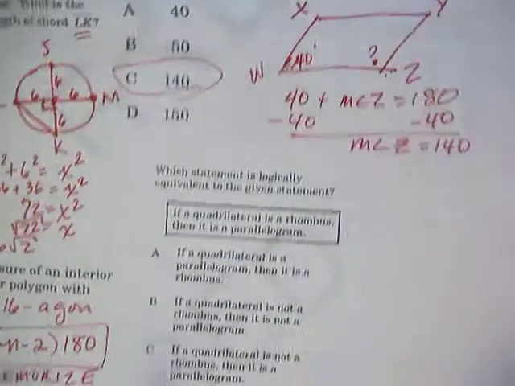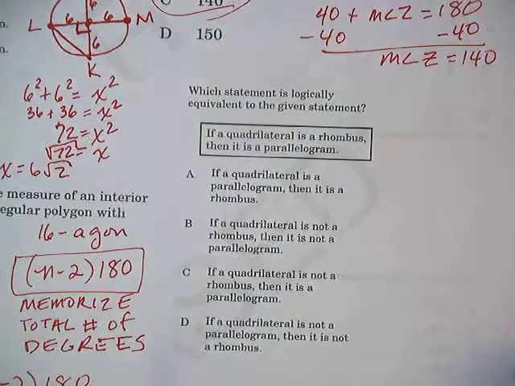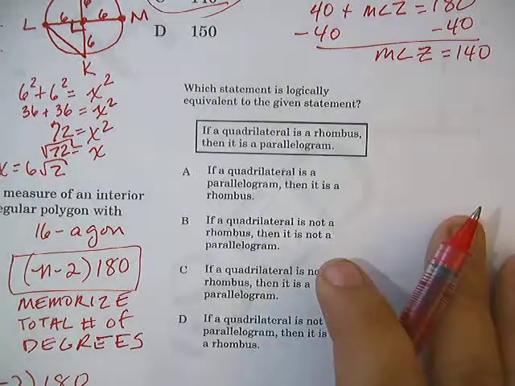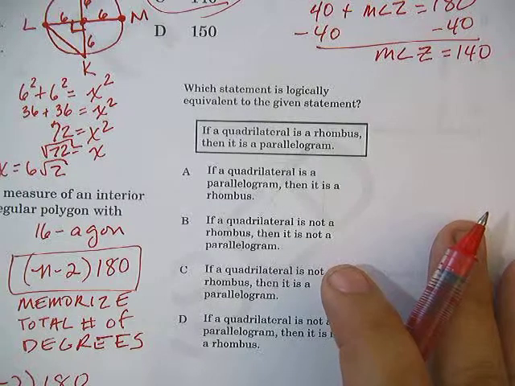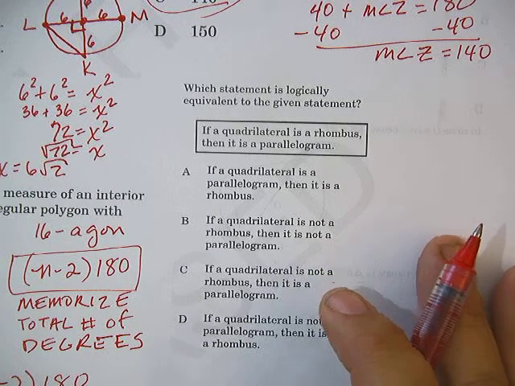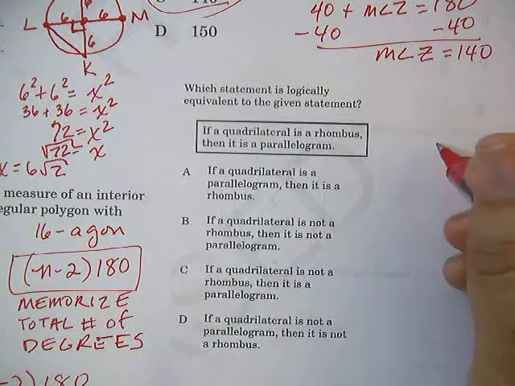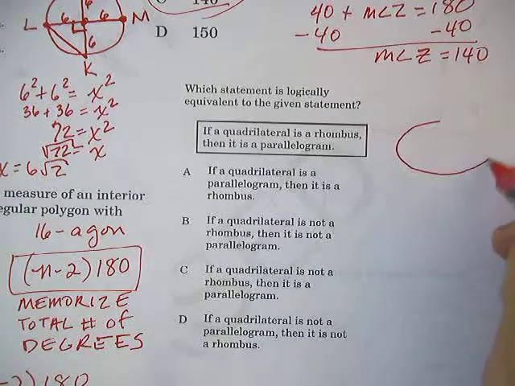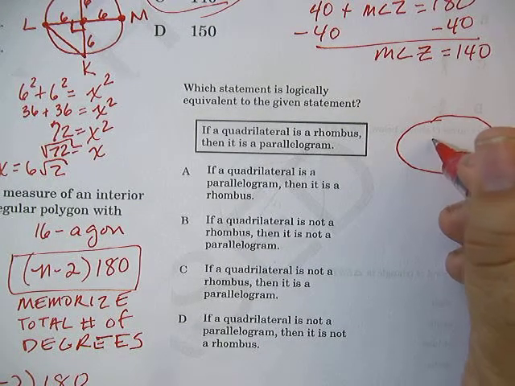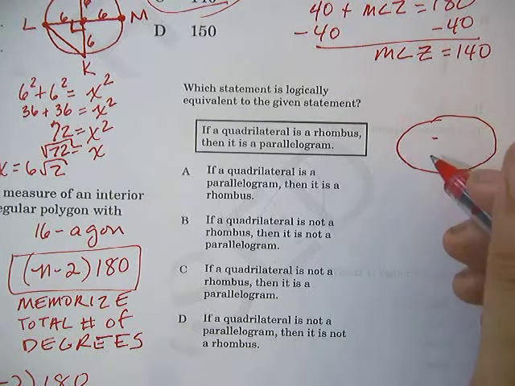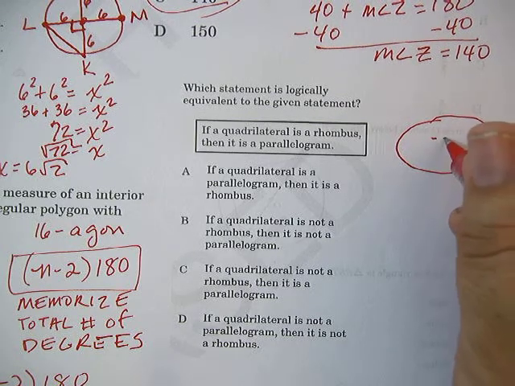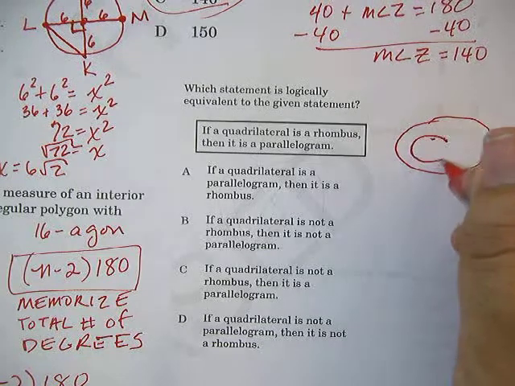Now they want to know on the next problem which statement is logically equivalent to the given statement. If a quadrilateral is a rhombus, then it is a parallelogram. So let me go ahead and, if I remember my parallelogram Venn diagram, then I have parallelograms, and then remember we had rectangles and rhombus.